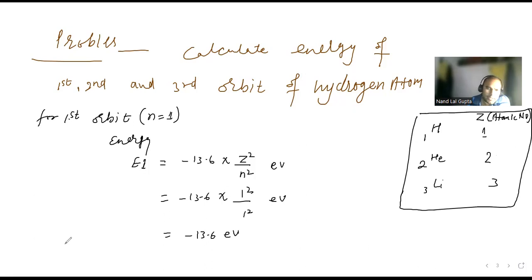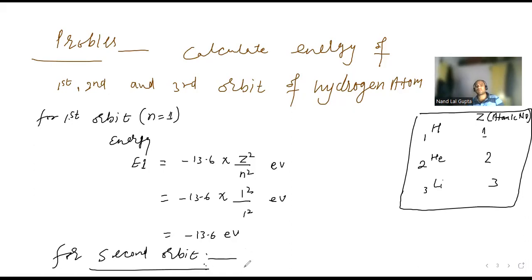So what is it for the second orbit? Can you calculate for second orbit? Second orbit means N is 2.